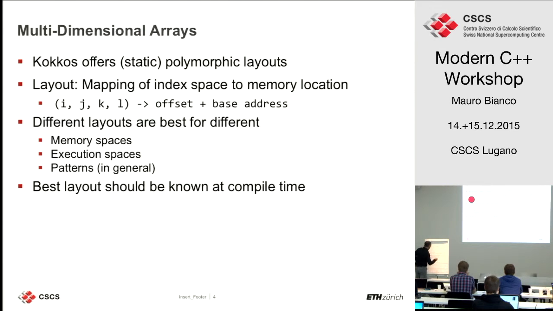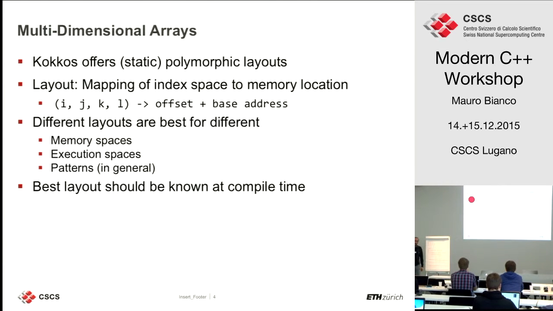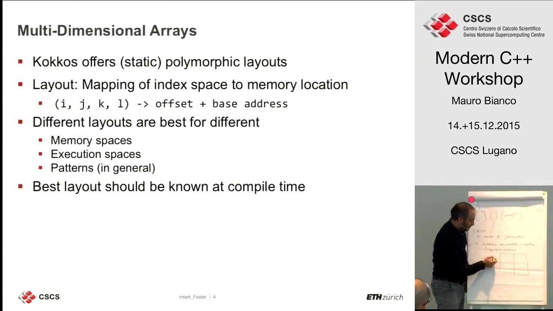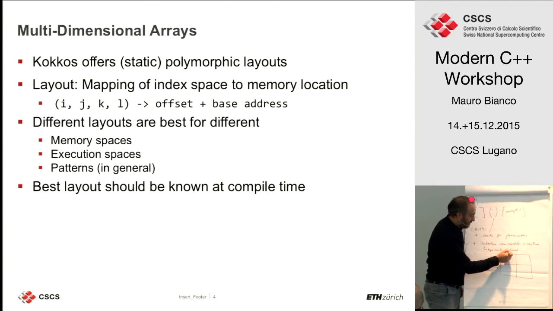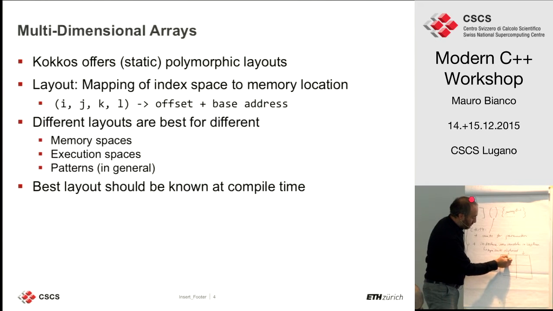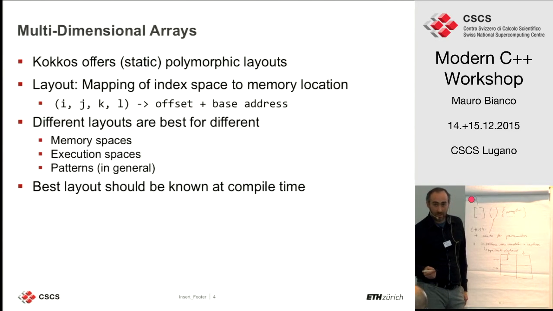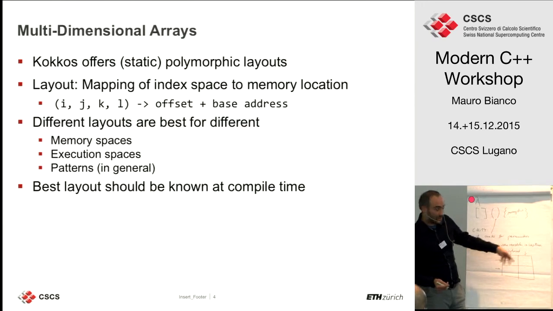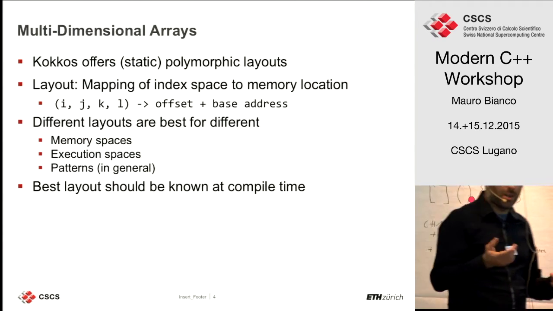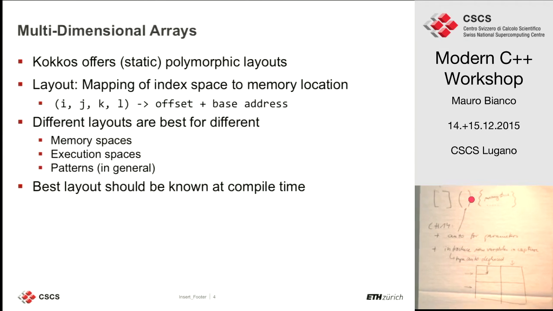A tiled layout, if you look at it, you have a two-dimensional array with tiles. It's like a four-dimensional array in which the first two indices represent the tile, and the second two indices represent the element within the tile. So we have four indices to map one element. But as a two-dimensional array, you need a function from ij to this.